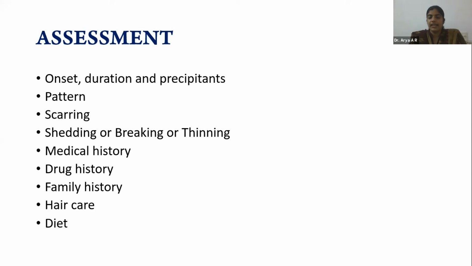Then shedding, breaking, or thinning. These three are the conditions we could see in hair fall. The first one is shedding, which means they are losing hair daily; we could assess it if they lose 5 to 10 strands of hair, or more than that. The next one is breaking.